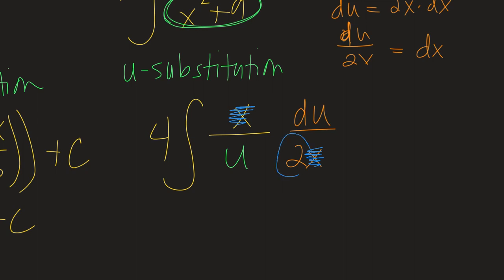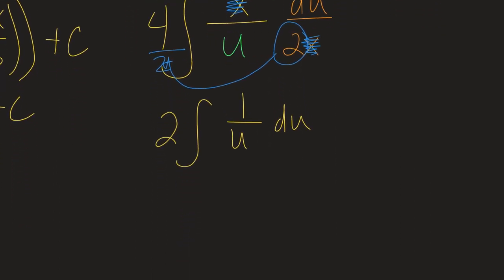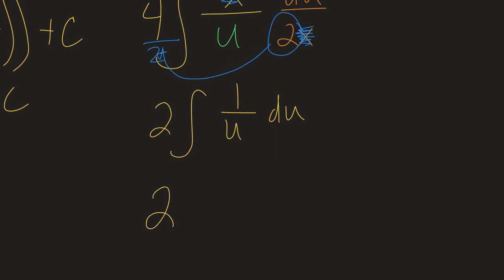So we can pull our denominator of 2 out front also, making it 4 divided by 2, or 1/2, 4 times 1/2. So 2 times the integral of 1 over u du. Hopefully you have memorized that 1 over u is the natural log antiderivative.